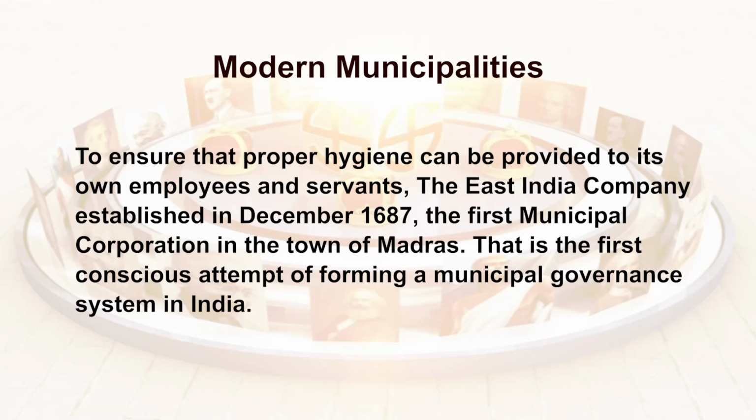With that aim in view, in December 1687, the date is very important, it first formed a municipal corporation in the town of Madras, and that is the first conscious attempt of forming a municipal governance system in India.